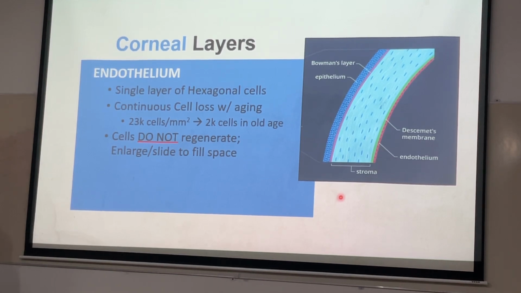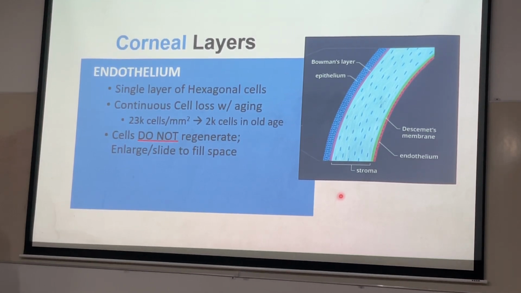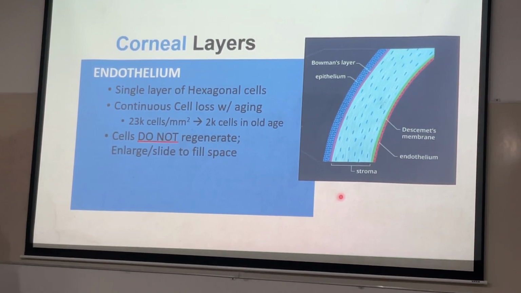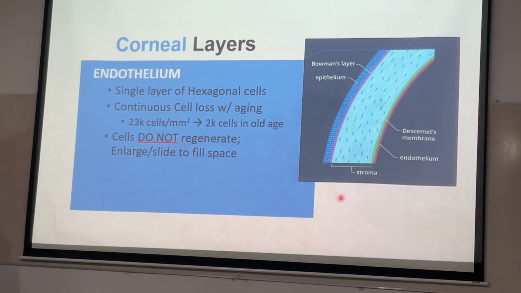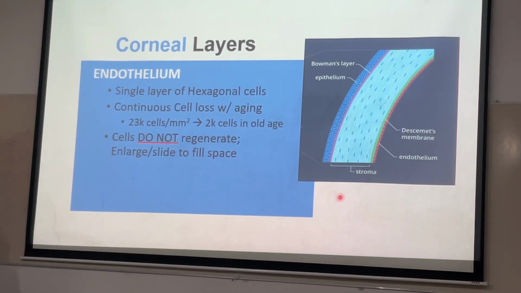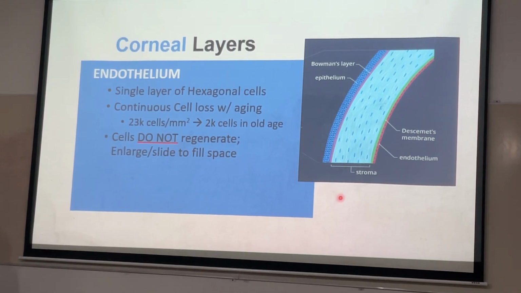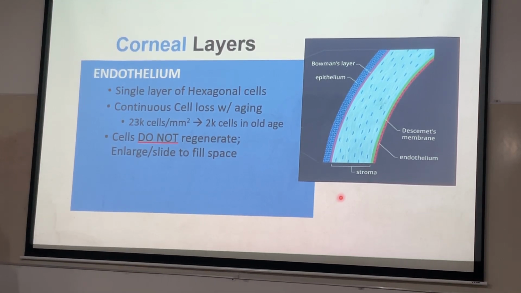When we reach an elderly age, probably the 70s to 80s, the cells dwindle down to about 2,000. So a very large decrease. As they die down, unfortunately, these cells do not regenerate. Instead, when there is damaged endothelium, the remaining endothelium enlarges and fills up the empty spaces.